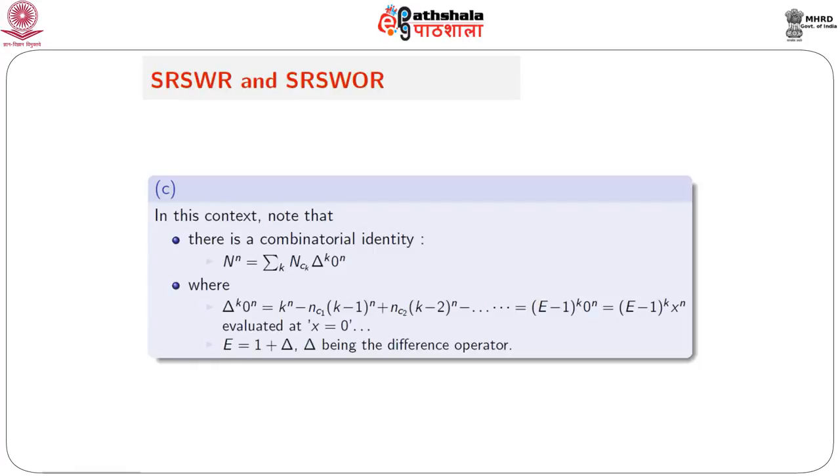So delta k x to the power n evaluated at x equal to 0 is delta k 0 to the power n, and one can show by doing the regular expansion that delta k 0 to the power n is nothing but k to the power n minus n choose 1 times (k minus 1) to the power n plus, etc. This delta k 0 to the power n times N choose k, summed over all k equal to 1 to small n, gives capital N to the power small n. A very interesting combinatorial identity. It is also mentioned in Feller's book.